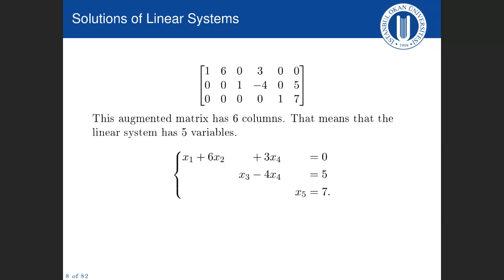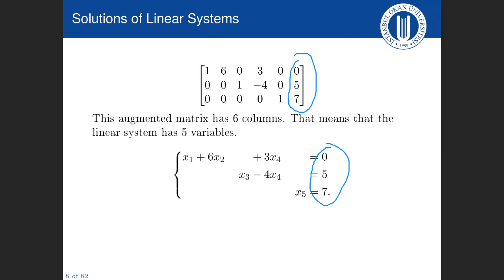Now we are in RREF, reduced row echelon form. This augmented matrix has 6 columns, but remember the right-hand column is always for the numbers on the right of the equal sign. So if we have 6 columns, that means we have 5 variables. And we can write down the system like this.